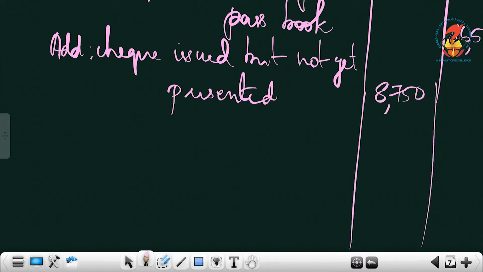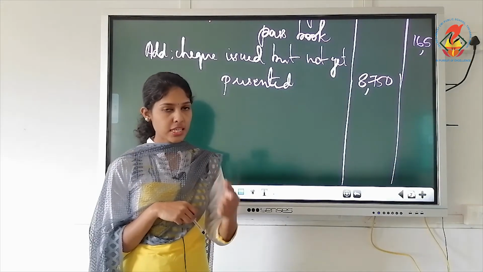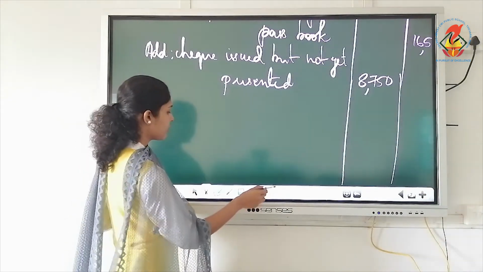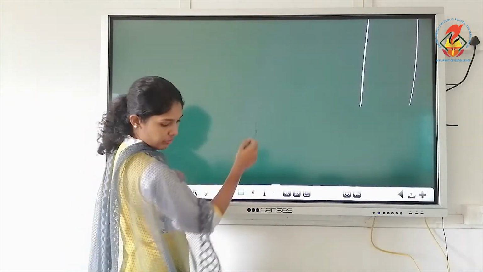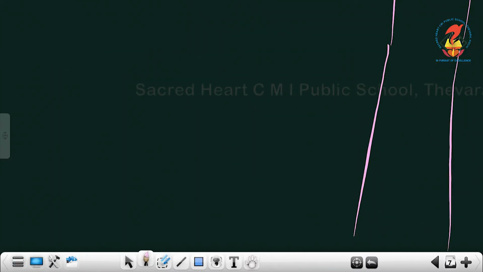Then the second one is check deposited but not collected. So that's an item to be deducted. Amount is 10,500. You leave enough space here. We have altogether 9 transactions, so you need to leave enough space there for the add items.